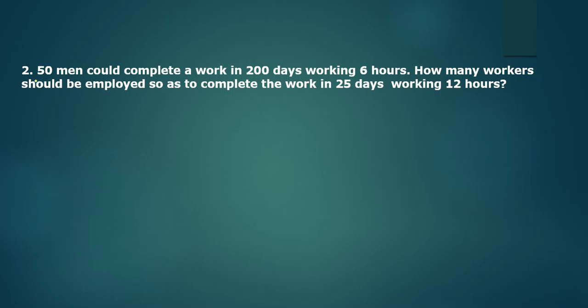See here, an extension to the previous question. 50 men could complete a work in 200 days, working 6 hours a day. What is given? M1, D1, H1 are given. Now how many workers should be employed so as to complete the work in 25 days, working 12 hours a day? D2 is given and H2 is given. We have to consider W1 equal to W2 because it is the same work. Now the formula we use is M1 D1 H1 equals M2 D2 H2.